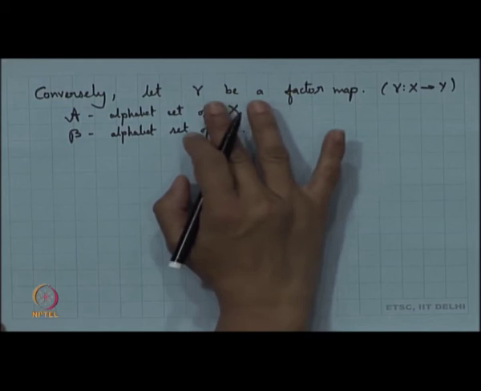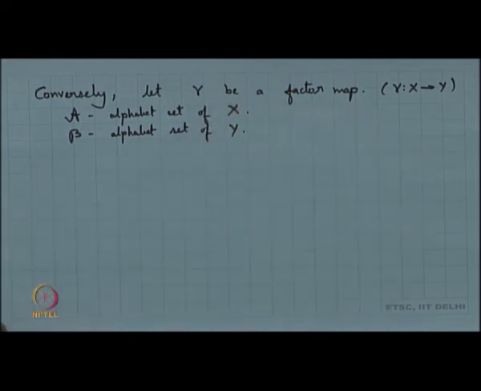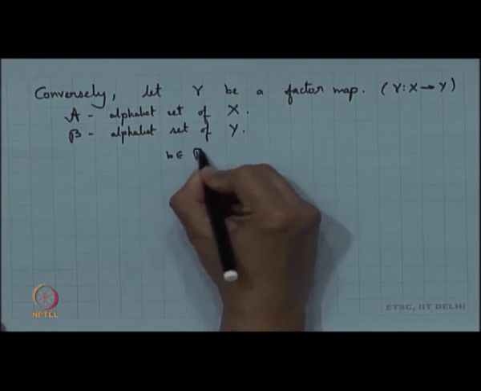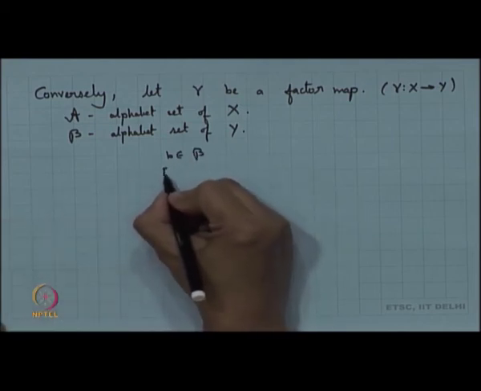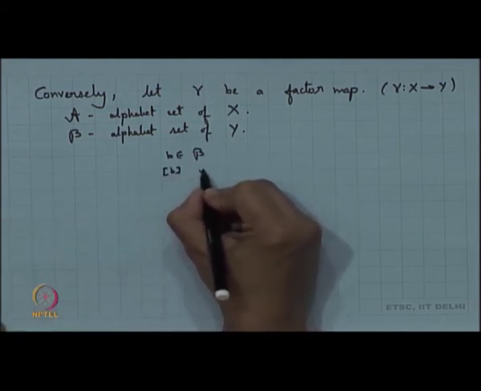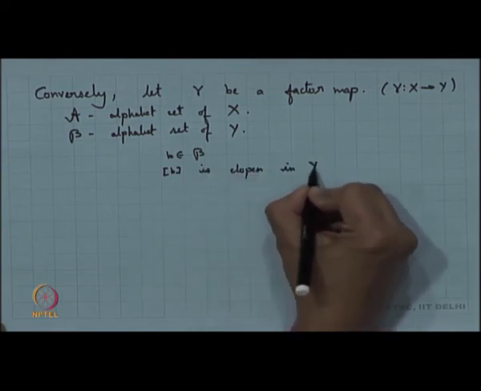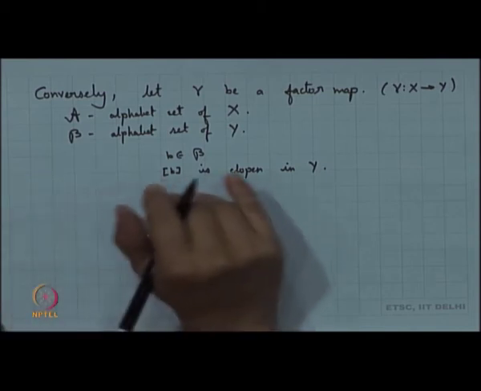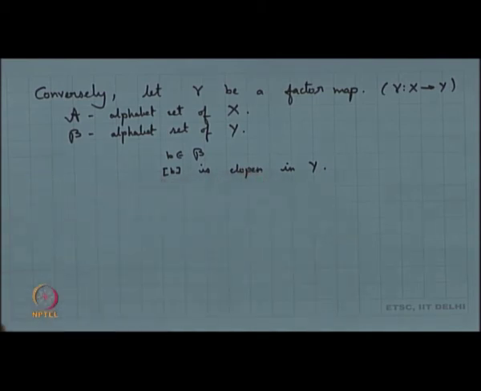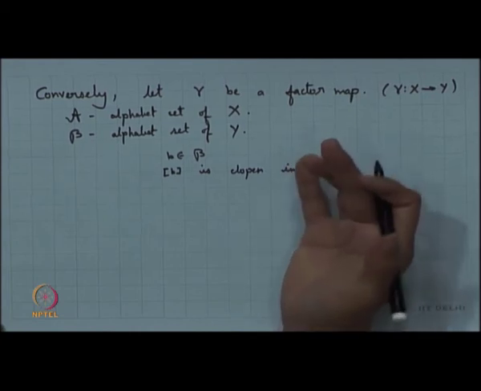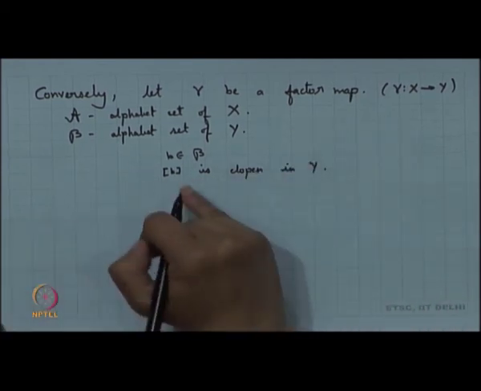Now, think of this as a factor map, and I know that if I take any b belonging to B, then the cylinder set is clopen in Y. Now, this cylinder set is clopen in Y, so it is closed, hence compact.